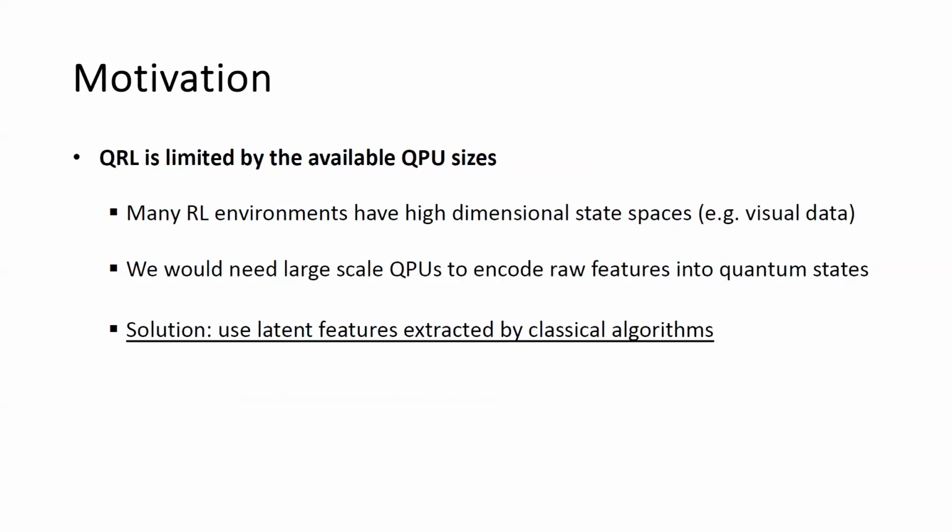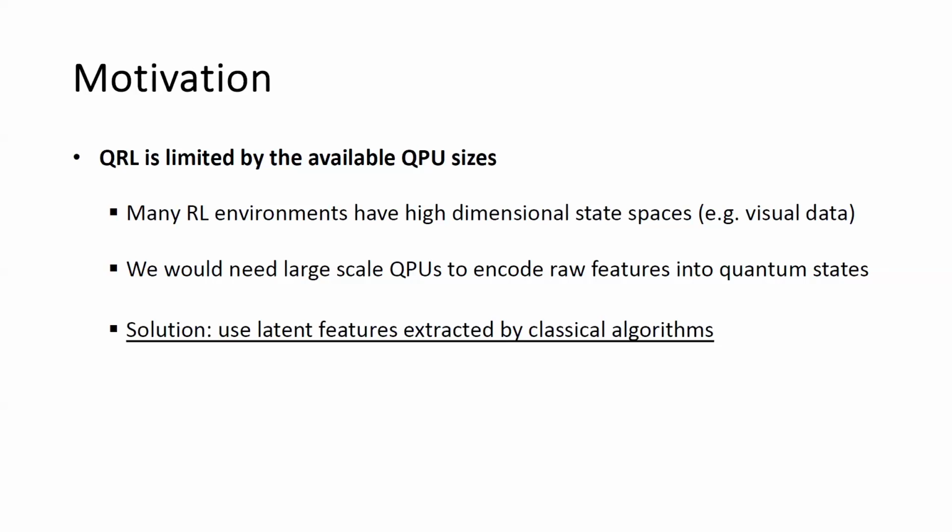So quantum reinforcement learning is a very new field with a lot of papers and research going into it, but it has some limitations, because many of the reinforcement learning environments we want to solve have high dimensional observation spaces, like for example, visual data.